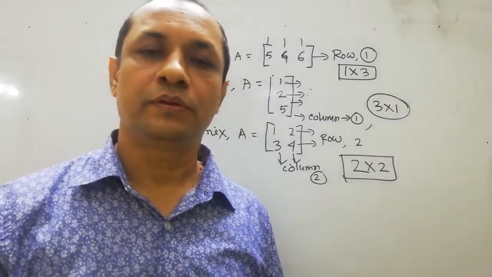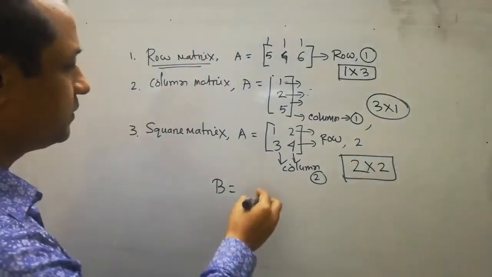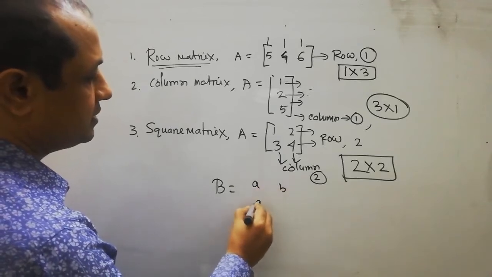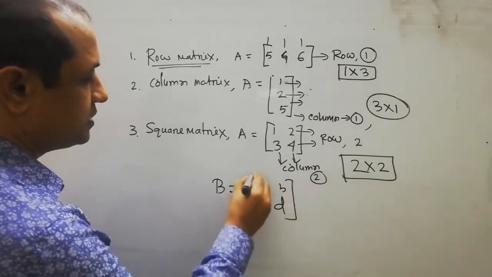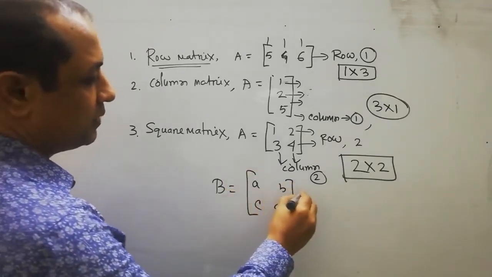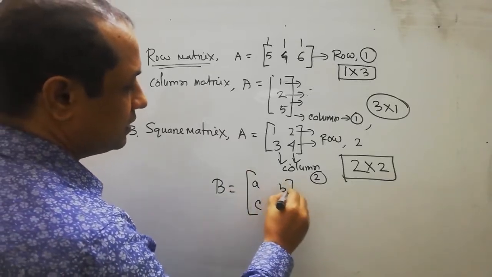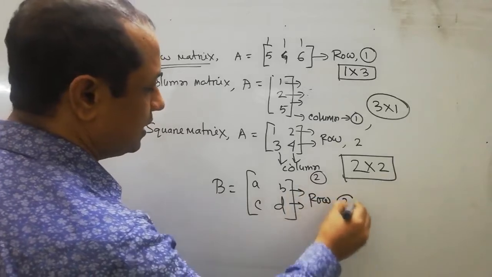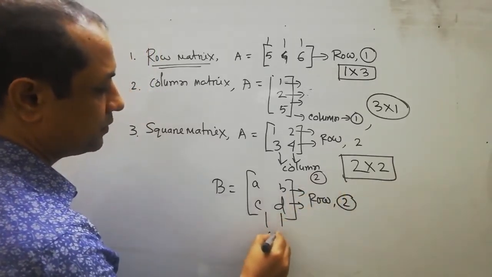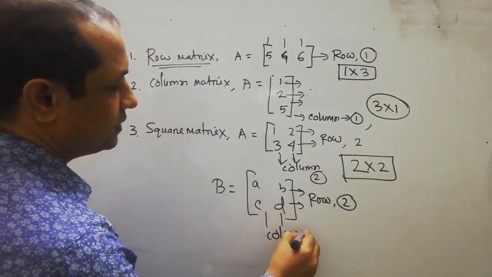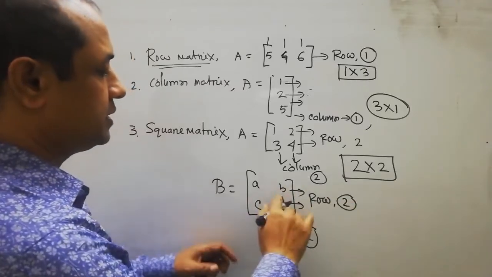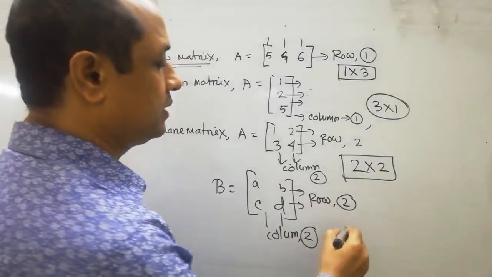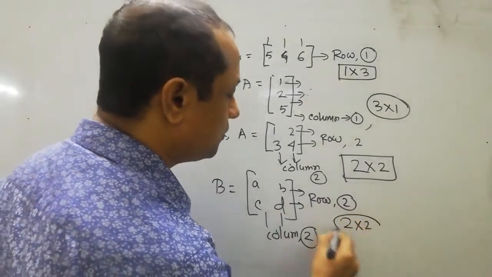Another example of a square matrix. Look at the board, students. Here A, B, C and D. Here the number of rows is 2, and the number of columns is 2. So students, here the number of rows and columns are equal. Here a 2 by 2 matrix.